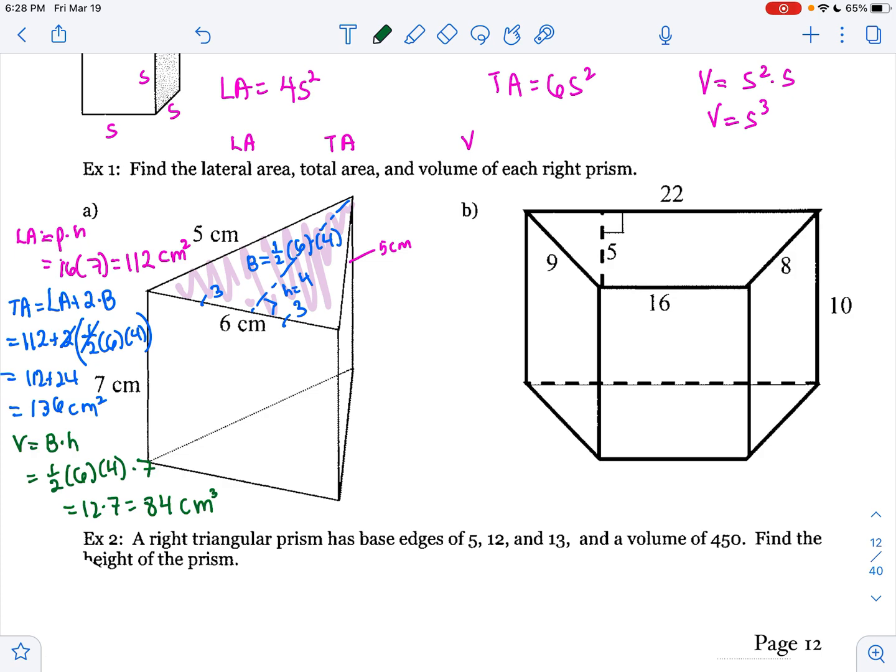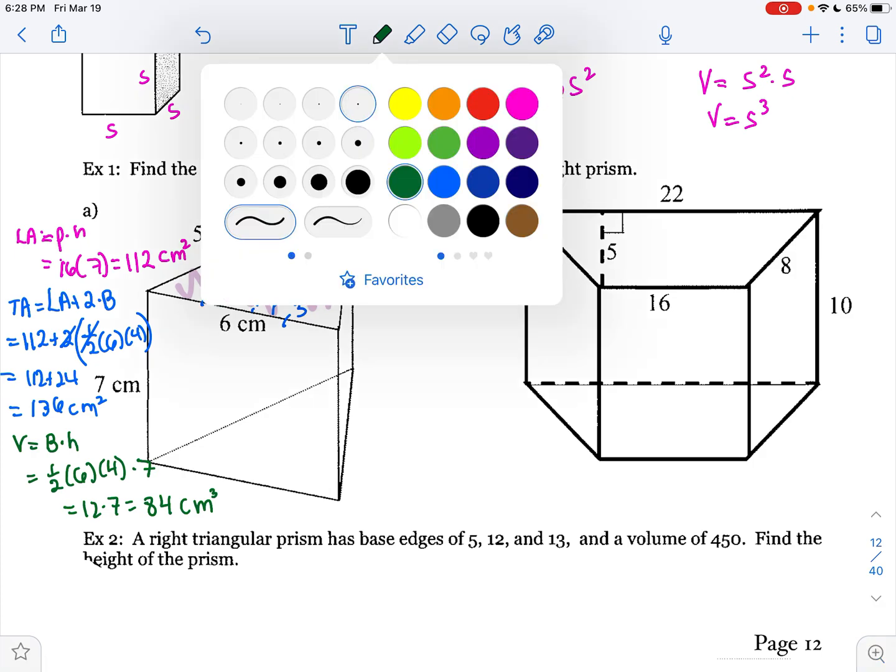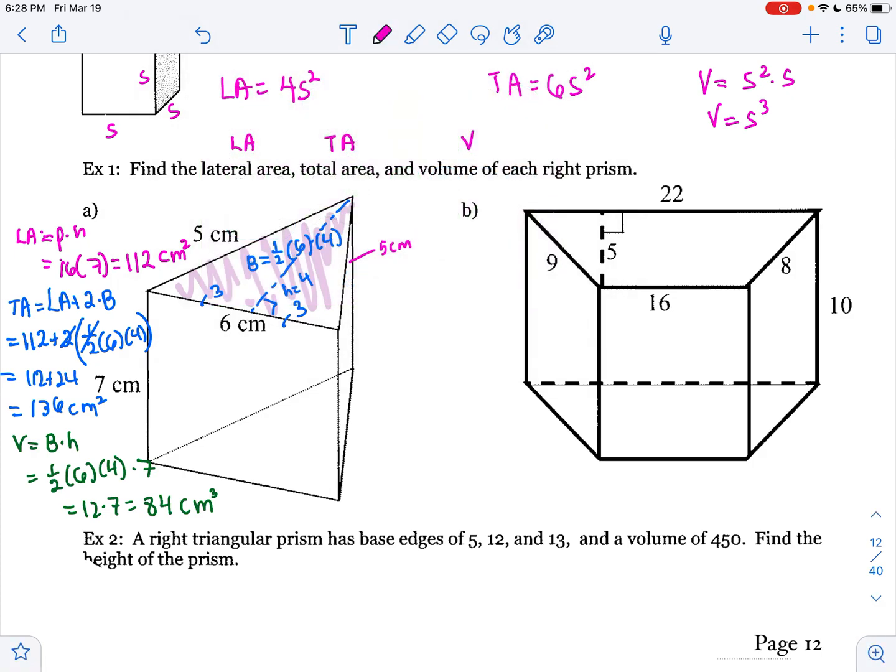We're going to do something similar. This time we have a trapezoidal prism for part B. So for part B, let's start with lateral area. So lateral area is calculated as, and I'm going to erase this 5 so I have a little bit more space here. So lateral area is equal to the perimeter of the base times the height of the overall prism.